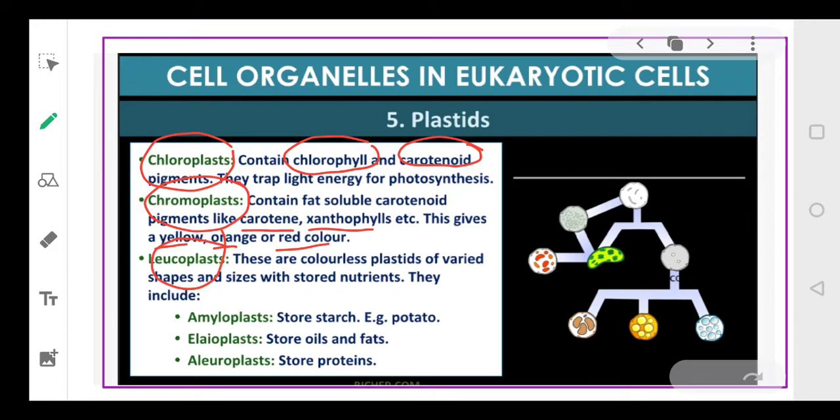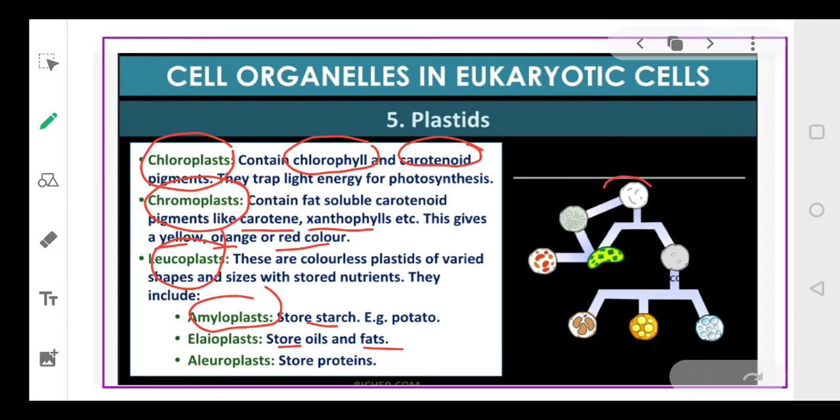Amyloplasts store starch, and the example is potato. Elaioplasts store oils and fats. And the last is the aleuroplast, which stores proteins.